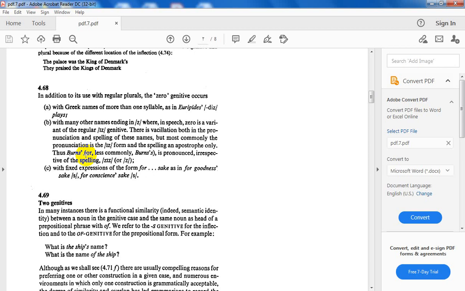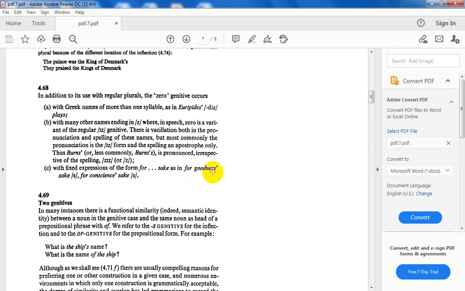With fixed expressions of the form for sake, as in for goodness' sake. Here there is no S genitive, just adding an apostrophe. For conscience' sake, again just adding an apostrophe. Why?